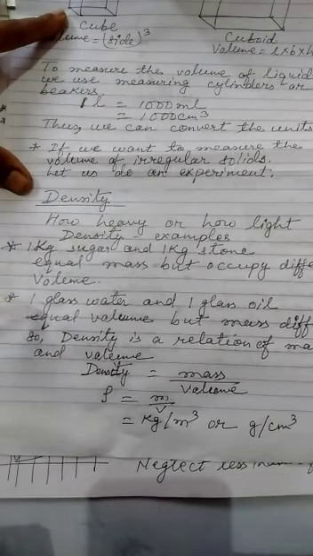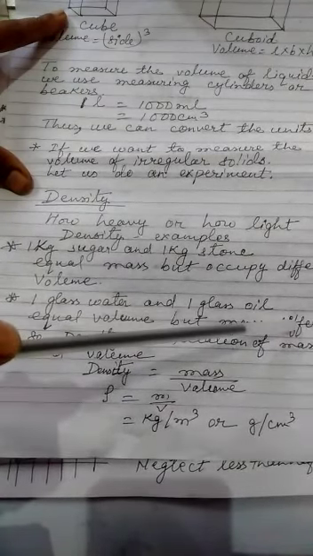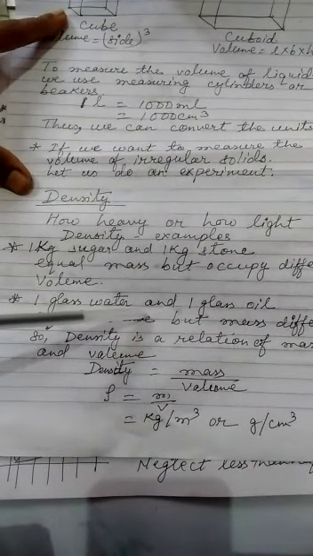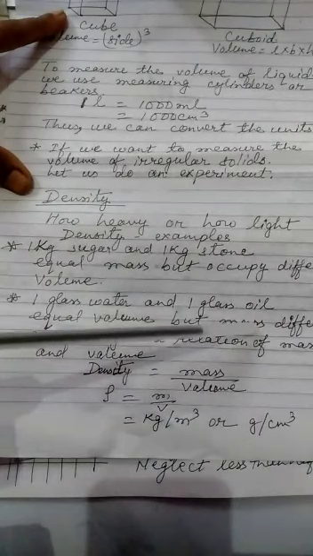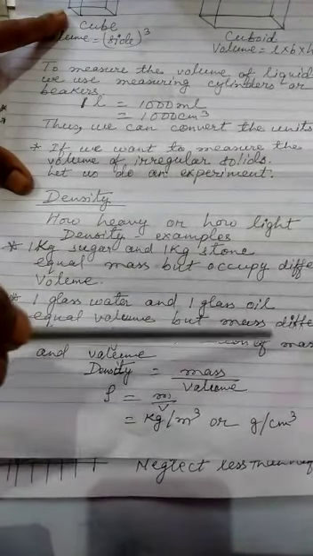In the second case, if you take 1 glass of water and 1 glass of oil, both occupy equal volume of 1 glass. But if you weigh them, you will find they have different masses.